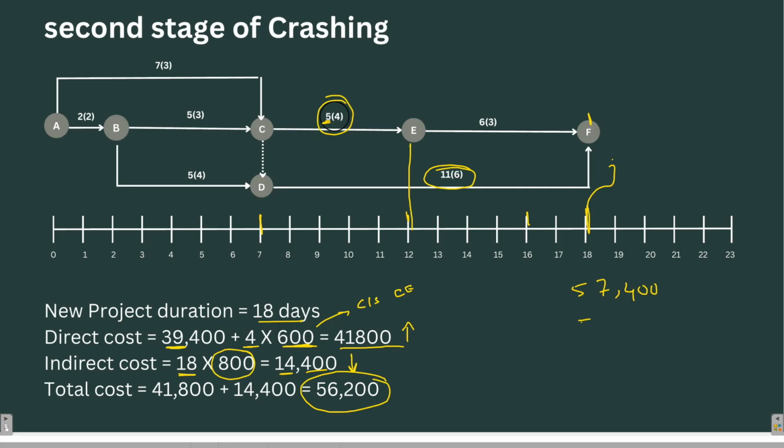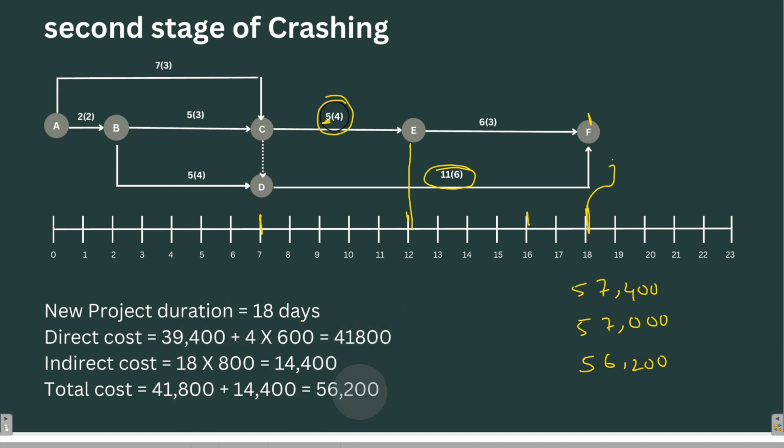And after the second stage of crashing, it came down further to 56,200. So the cost is coming down. Let's continue our crashing and let's see the third stage of crashing.